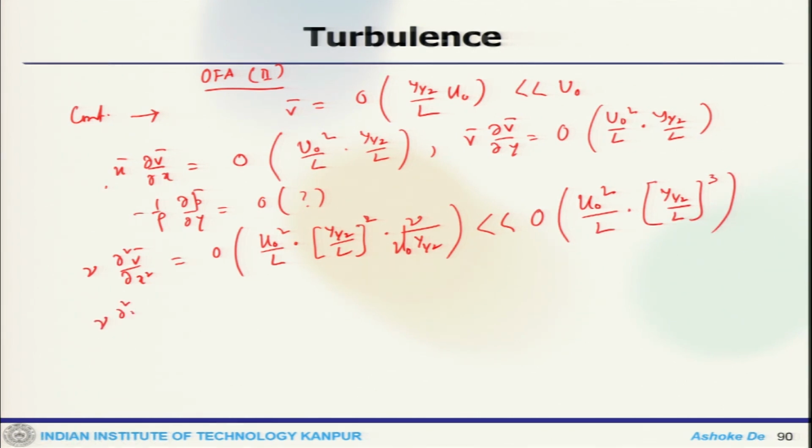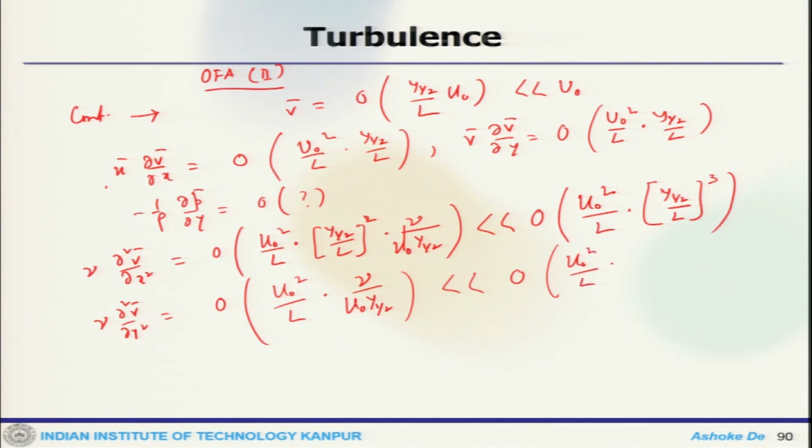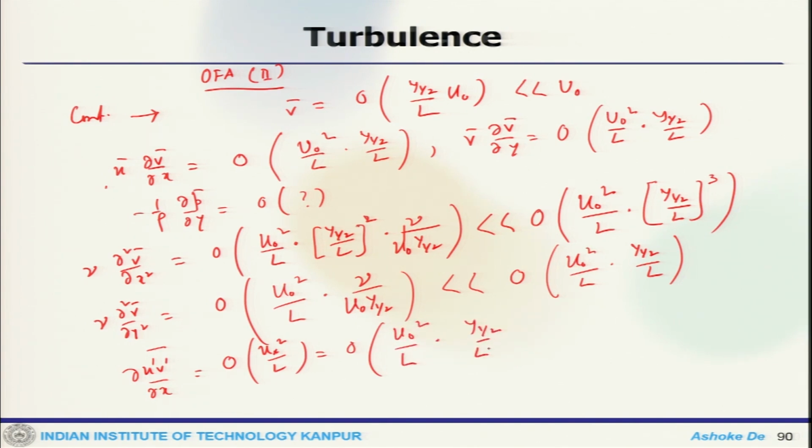Then the other component, del squared by del y squared, is of order u naught square by L times nu by u naught y half. And del u prime v prime by del x would be of order u star square by L, which is of order u naught square by L times y half by L.